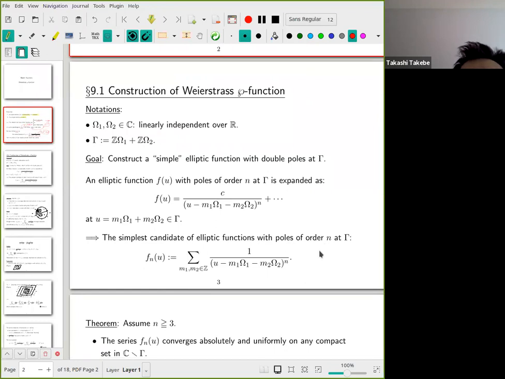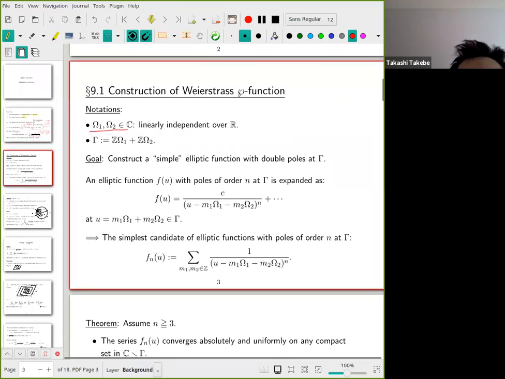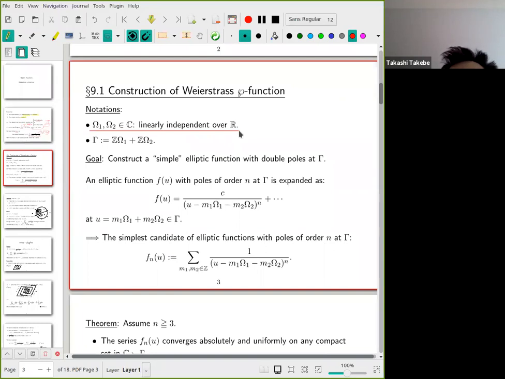To do this, we take two complex numbers which are linearly independent over R. So this is a parallelogram which is not degenerate. And gamma is, as usual, the period lattice.